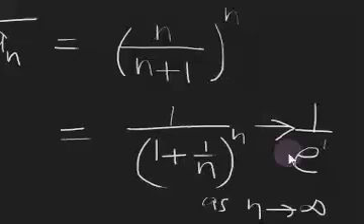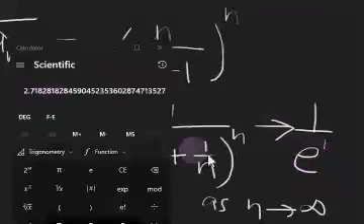Alright, so the value of e is something like 2.718, which is greater than 1. So the limit is less than 1.